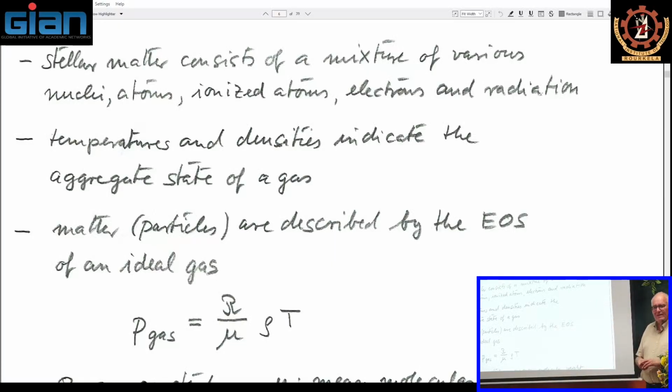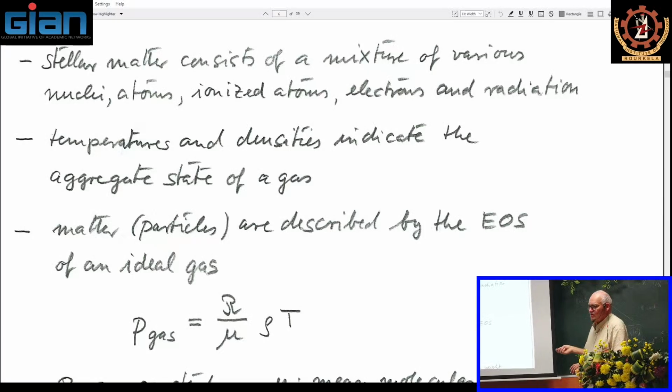by considering the ionization states of different atoms, whether we have ionization, to which degree. It has to include the various energy levels within an atom.